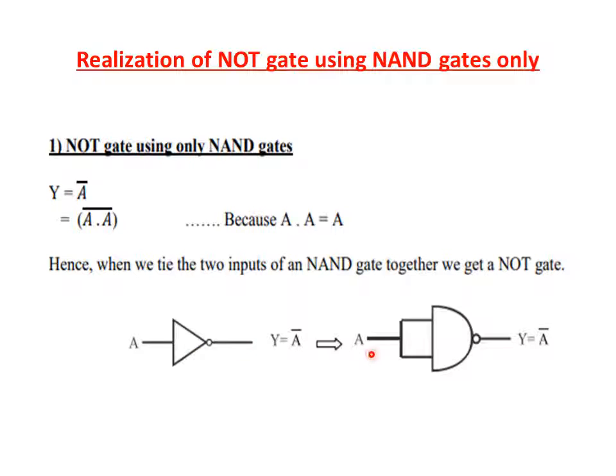So the equivalent NAND gate representation is: we tie together the two inputs of the NAND gate to make a single input, single output A, and the output Y is equal to A bar. This is the NAND circuit with the equivalent NOT circuit.